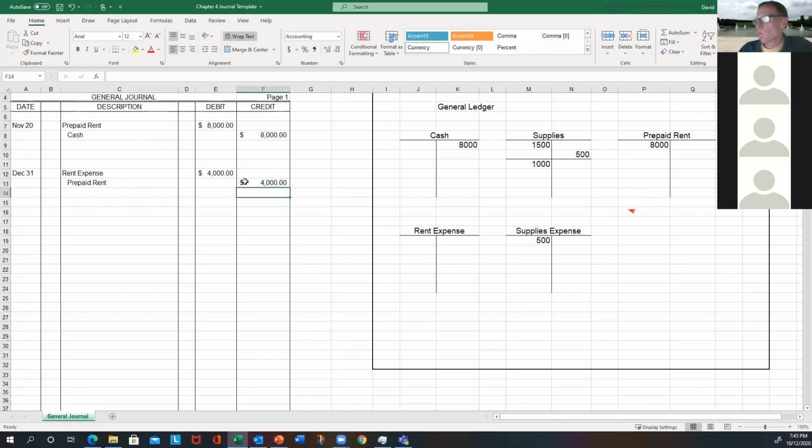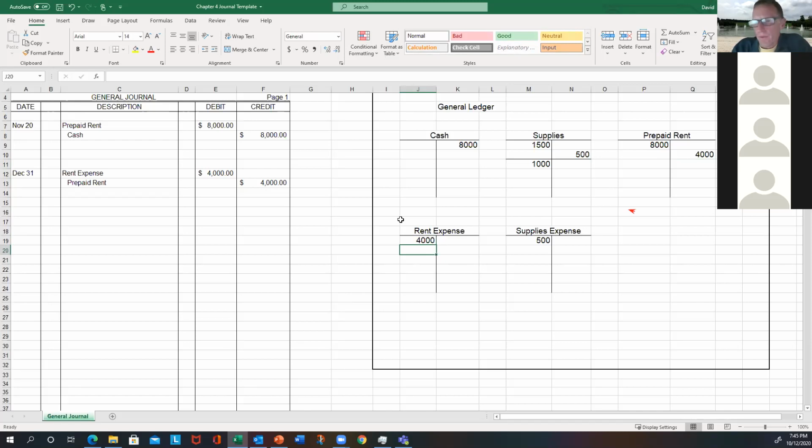So what'll happen is once we post this, we put that $4,000 as a credit to prepaid rent and a $4,000 debit to rent expense. So when we go to do our December financial statement, we want to make sure that that $4,000 of rent expense would then get recorded and reported on the income statement for December. And the only way that's going to happen is we have to prepare this adjusting entry.